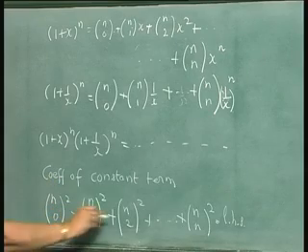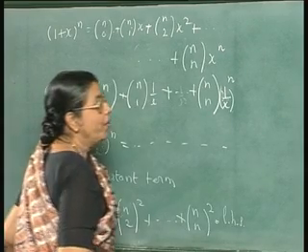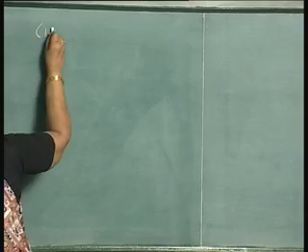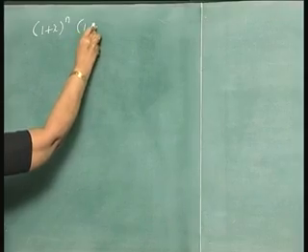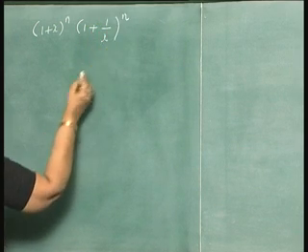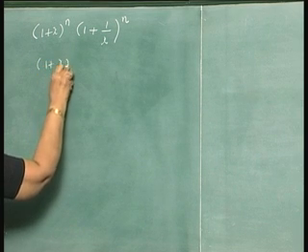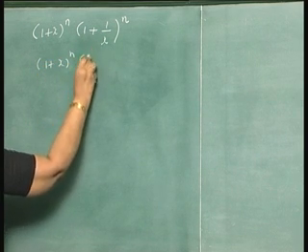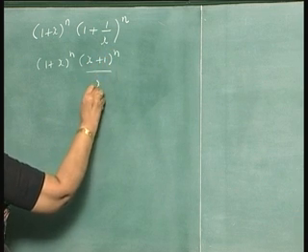You have (1 plus x) power n, this is what you are considering, right? Now, this one you can write as, if you take x out, (x plus 1) power n by x power n, or x power minus n, times (1 plus x) power 2n.